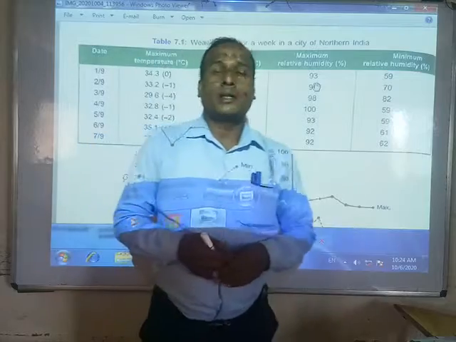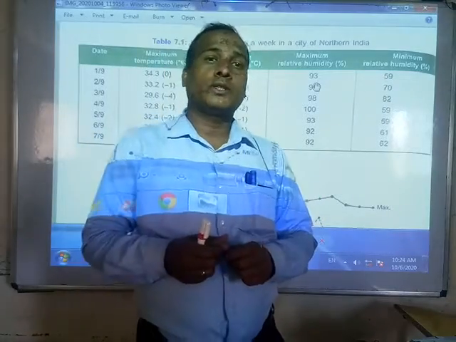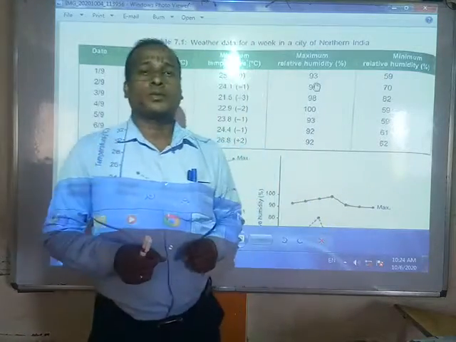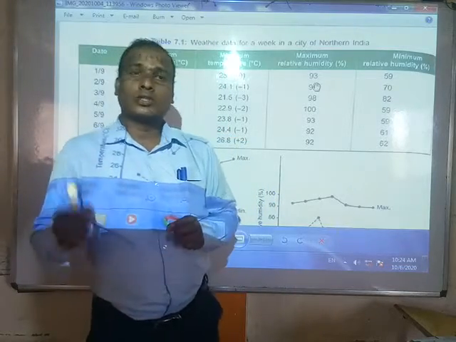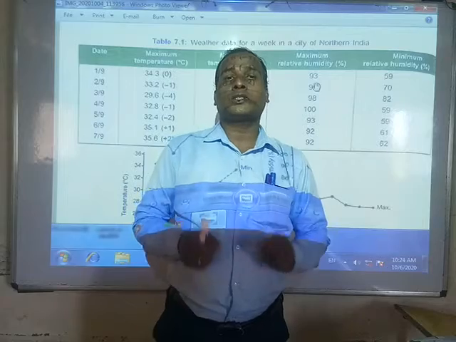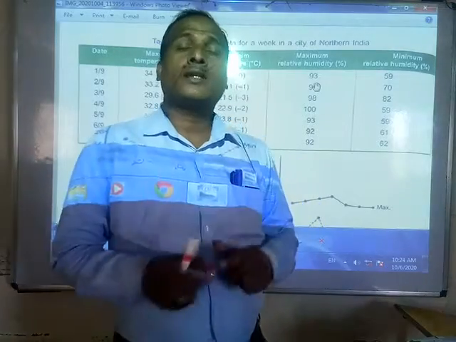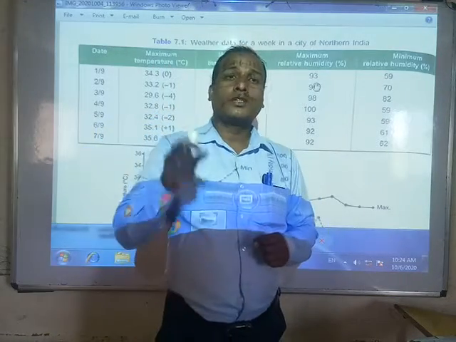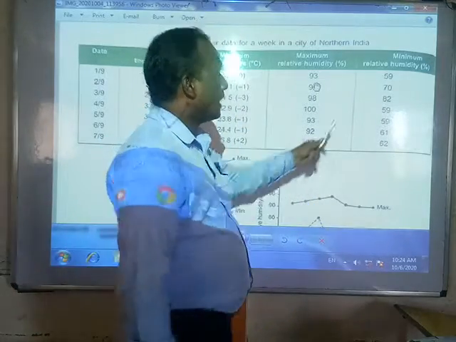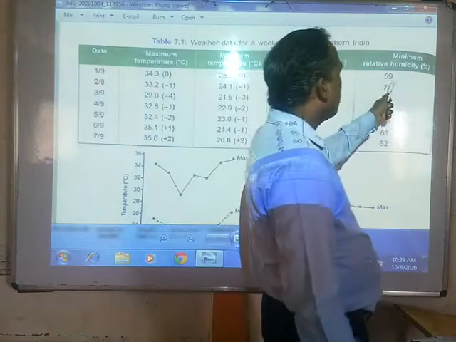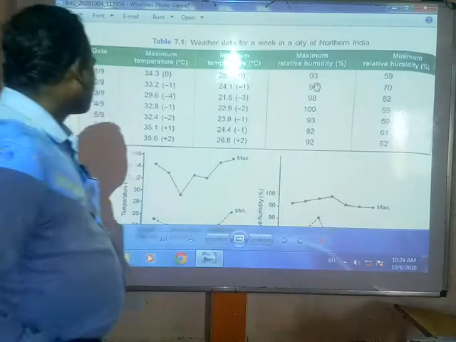Just as we use a thermometer to measure temperature, for relative humidity we use a hygrometer. So a specific instrument, the hygrometer, is used to measure relative humidity. The minimum relative humidity is also given, 59%.